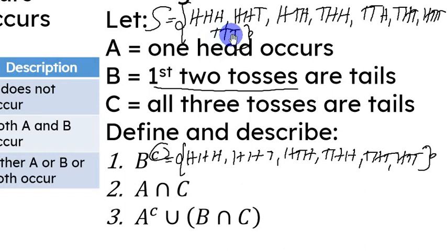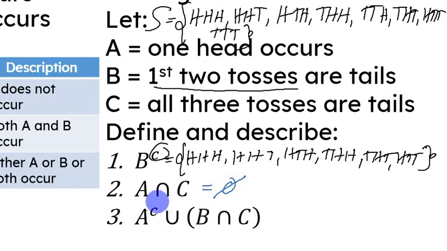There is no common outcome between event C and one head occurs, which is actually all of this here above. Since there's no common element, the intersection of those 2 sets is actually a null set, or an empty set. Meaning there is no event wherein one head occurs and all 3 tosses are tails at the same time.